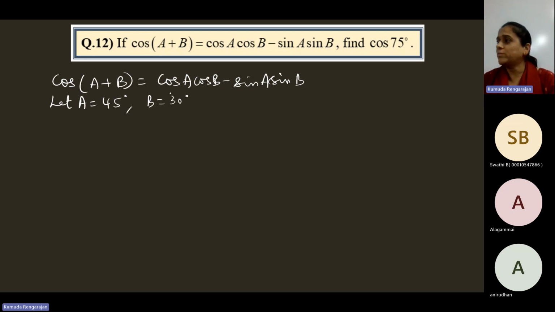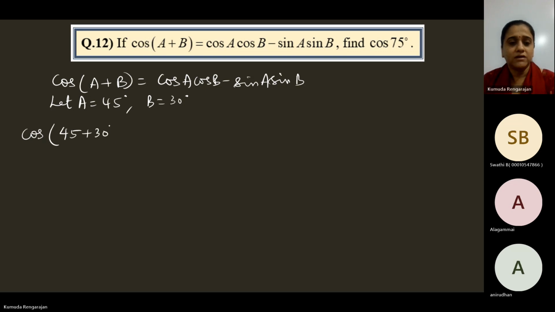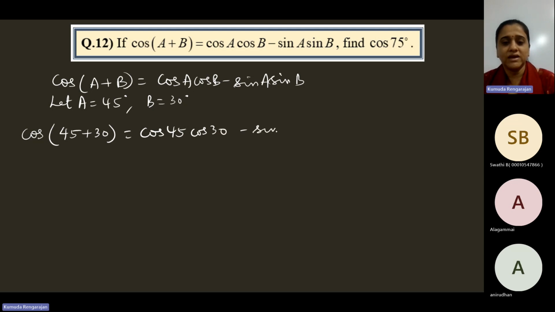Now substitute in the formula. Where you have A, use 45. Where you have B, use 30. So we're using the formula cos of A 45 plus B 30 is equal to cos 45 cos 30 minus sin 45 sin 30. That's all.